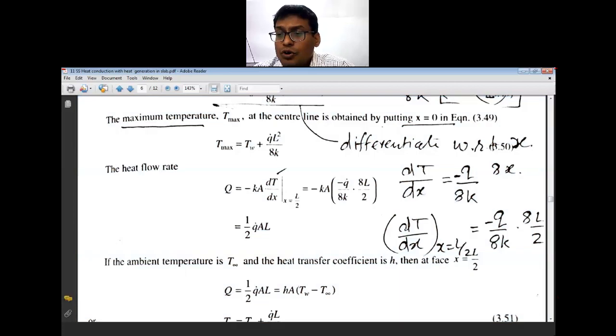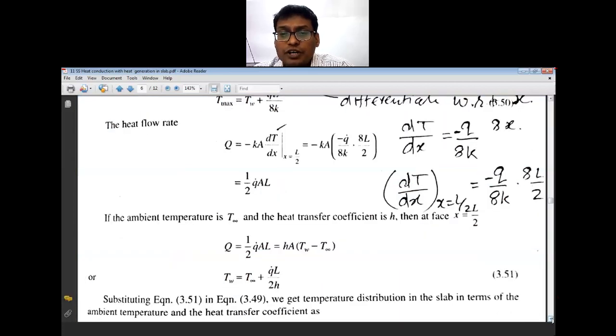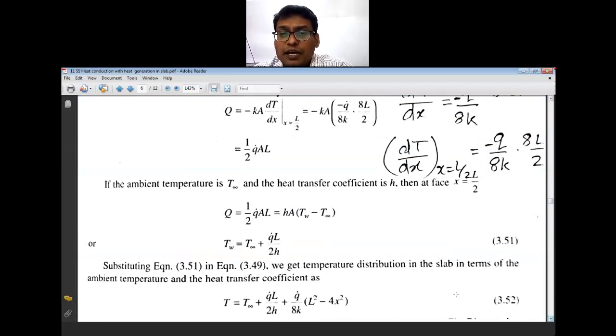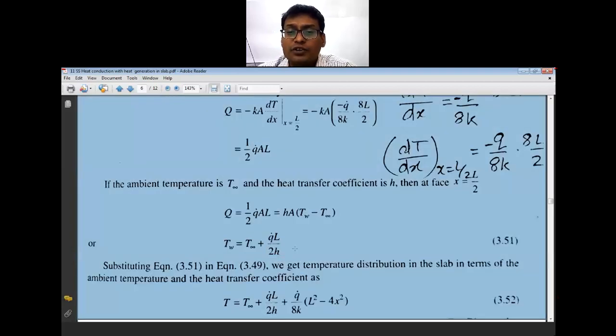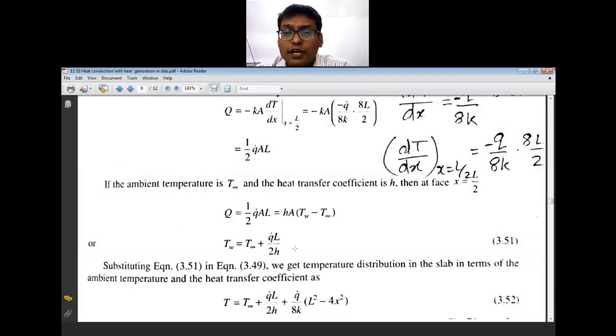So the wall temperature can be simplified as this, in the case where the convective heat transfer coefficient is taken into account. So I am going to substitute this value of wall temperature, incorporating the infinite temperature, that means surrounding temperature, and the convective heat transfer coefficient.